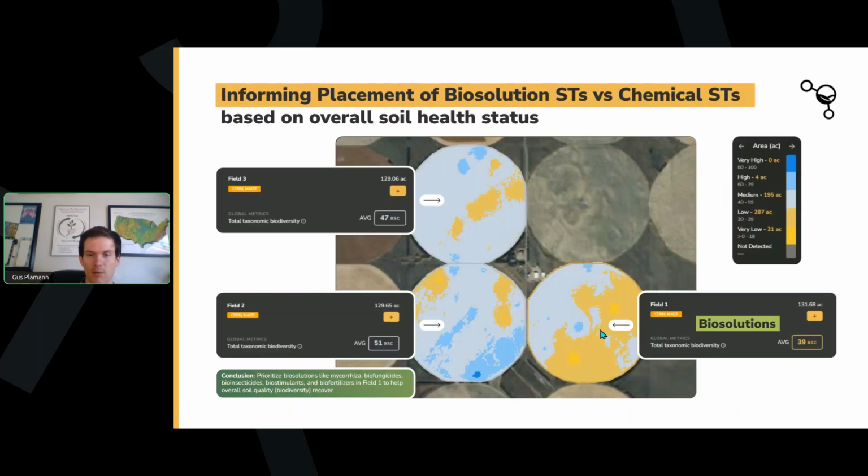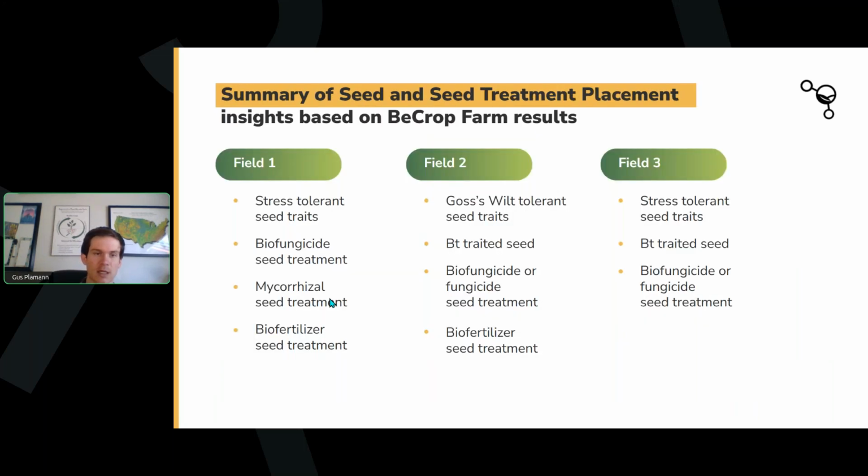Actually, field 1 was this one down here on the right that was a little bit lower on the biodiversity index. So that's why these 4 different seed and seed treatment products are all biosolutions, you could say, aside from stress tolerant seed traits. But that would be the case here with field 1, to prioritize a program that helps with disease, nutrient cycling, and mycorrhizae also are known to have a lot of great benefits on overall soil health. So that's sort of the prescriptive checklist here.